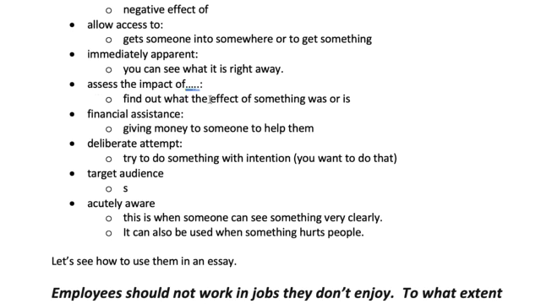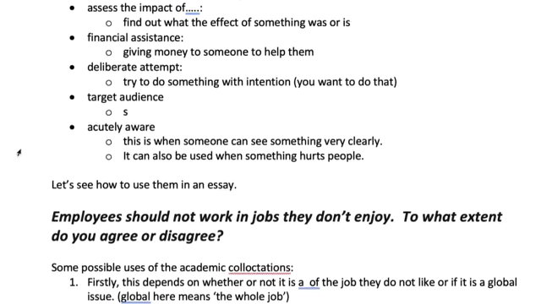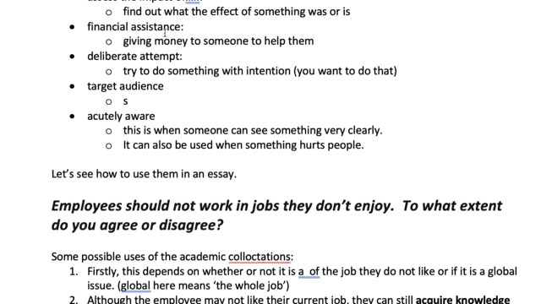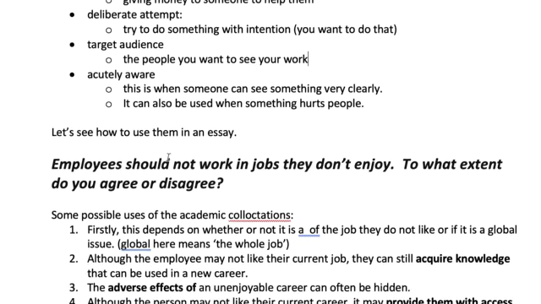Assess the impact of, find out what the effect of something was or is. We're going to see some examples down here. Financial assistance, deliberate attempt, target audience, the people you want to see your work, and acutely aware. So this is when someone can see something very clearly.